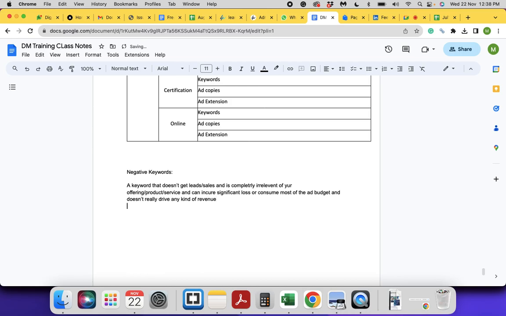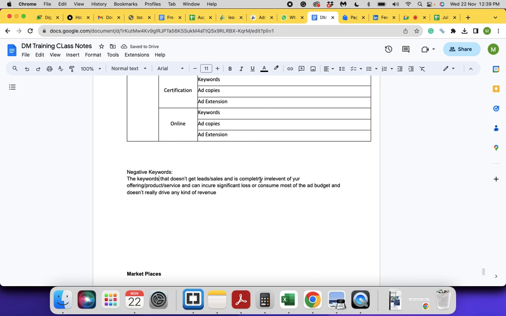Okay, so what are these negative keywords? Negative keywords are the keywords that do not get leads or sales and are completely irrelevant of your offering or product or service, and can incur significant loss of revenue.